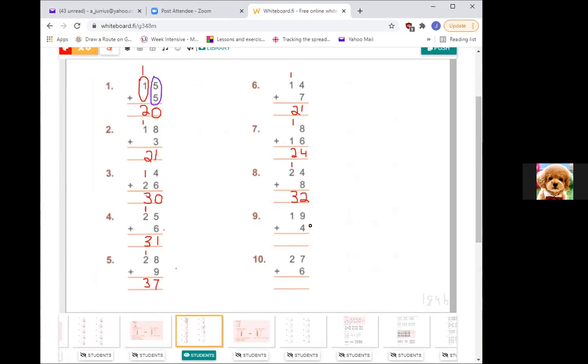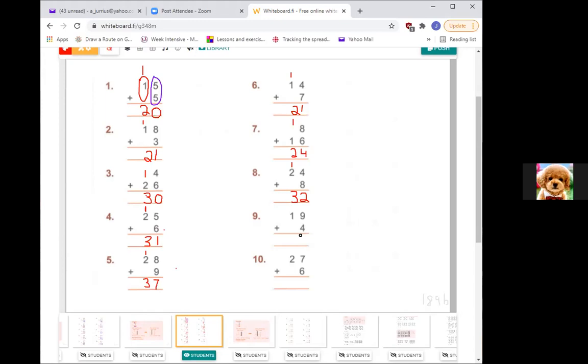Do you see number 9? 19 plus 4. So do it in columns. So we're going to add the ones column first. What's in the ones column? 9 and 4. And that gives you 13.